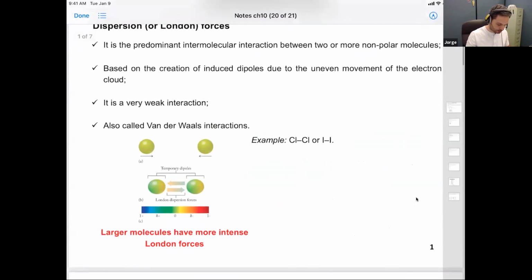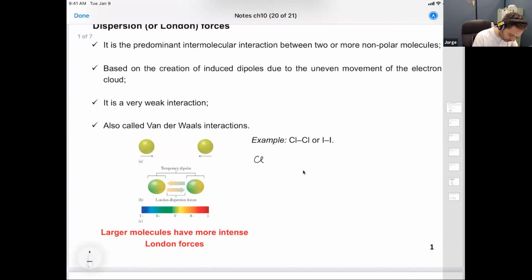So first things first, every time you have nonpolar molecules, you will have dispersion forces as your predominant intermolecular interaction. And those are the forces that will keep the bulk material together. They are very weak intermolecular forces, and they are based on the creation of induced dipoles. Okay, so let's see how that works.